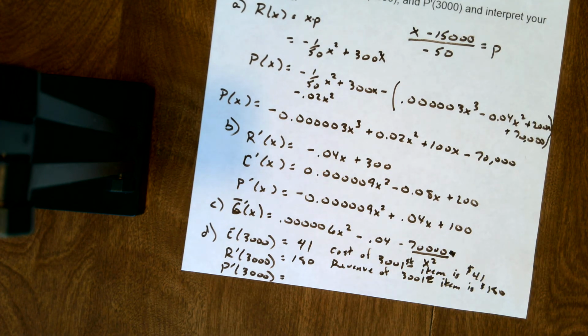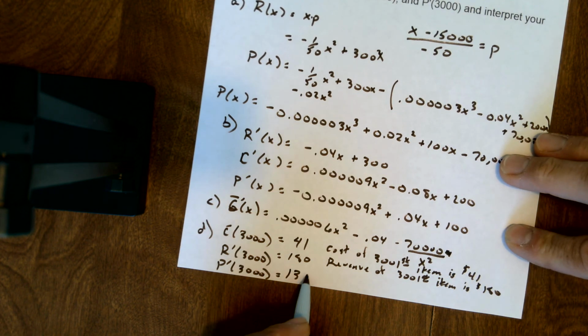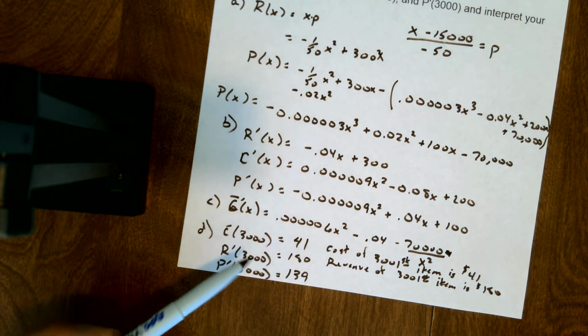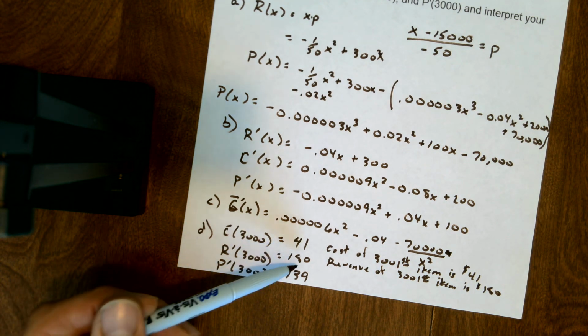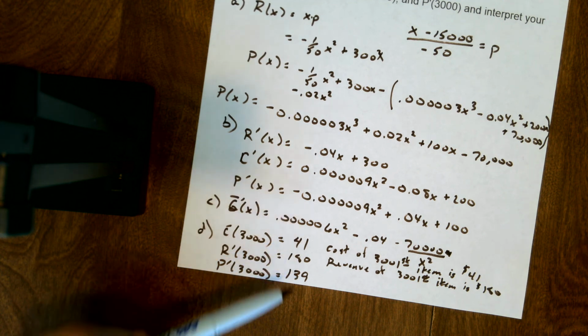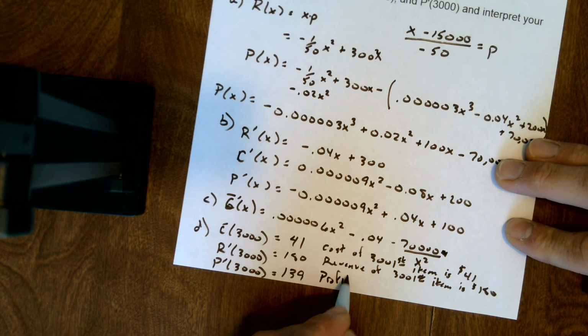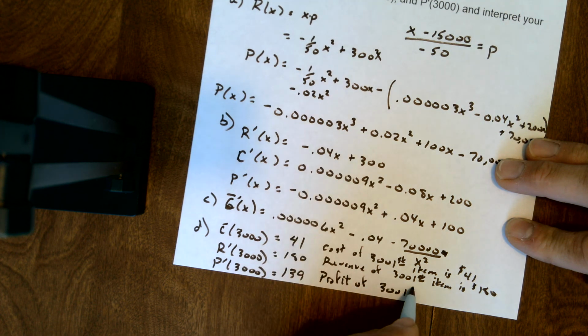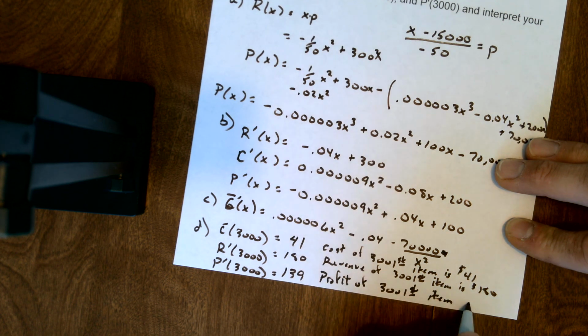So we go to our profit function. 5 zeros, 9 times our 3,000 squared, and then to that, we're going to add 400 times 3,000, plus 100. And that's going to give us 139. Oh, good, it worked out. Why do I know it worked out? Because I take my revenue minus my cost. 180 minus 41 gives me 139. So the profit of the 3,001st item is 139.